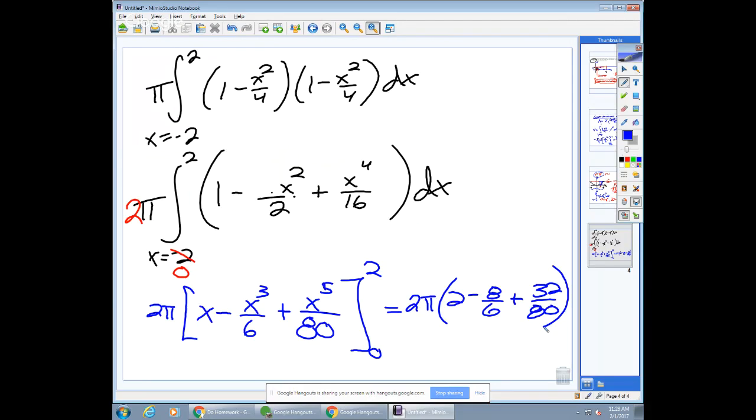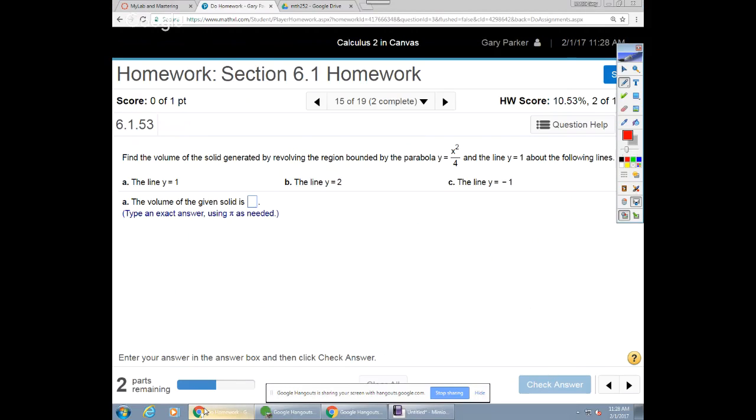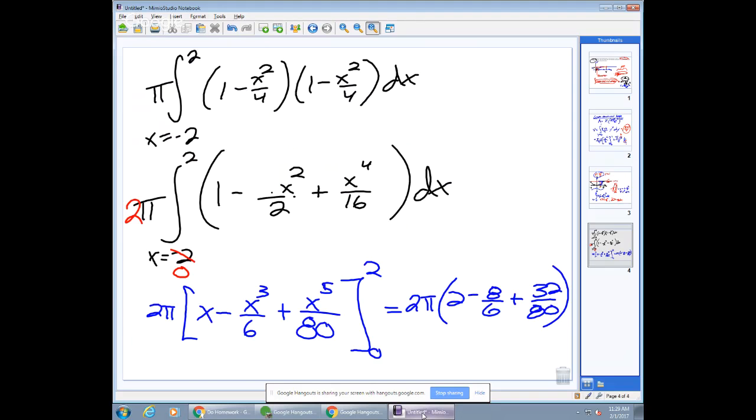Whipping out a calculator, we're going to get some repeated decimal there. We're probably going to want an exact answer here, so we better do some arithmetic. What does it say, exact answer? Yep, using pi, so we have to do a little arithmetic on that. It's always nice to have a calculator that does fractions at this point. So let's see, what do we got? This is really 4/3.